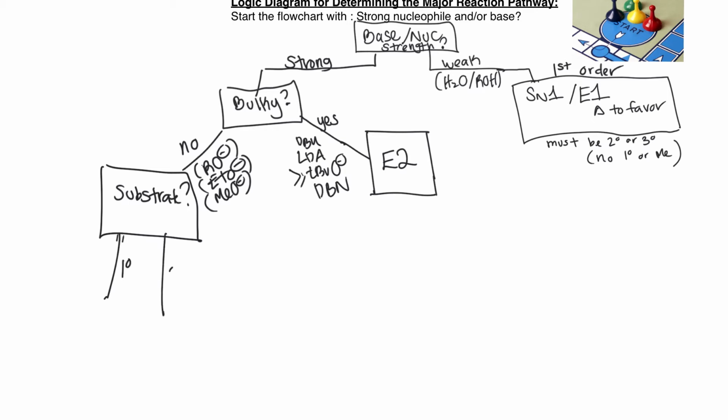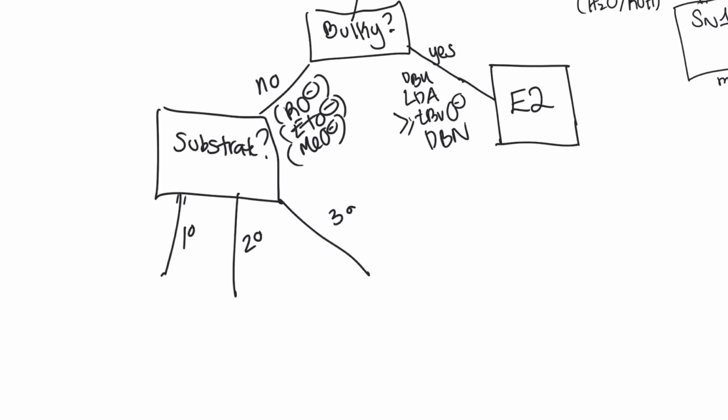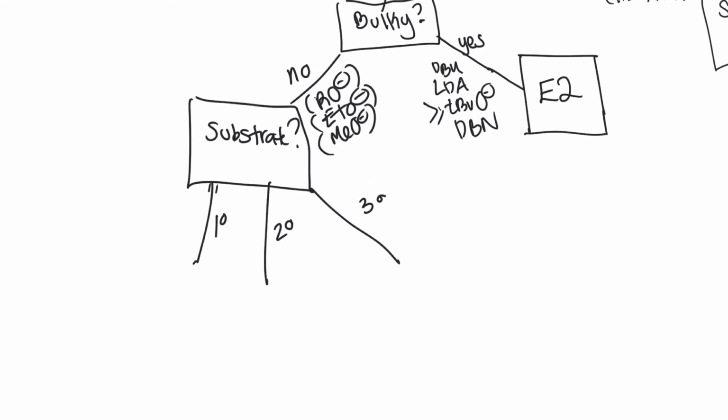Primary, secondary, or tertiary? Okay, so if it's primary, we are not sterically hindered to backside attack at all. We are at the periphery of the molecule, so SN2 is very easy to accomplish. So SN2 is actually favored for smaller primary alkyl halides or methyl halides.